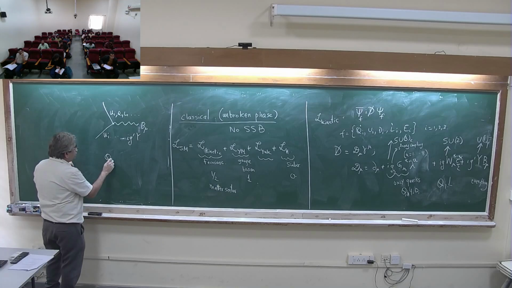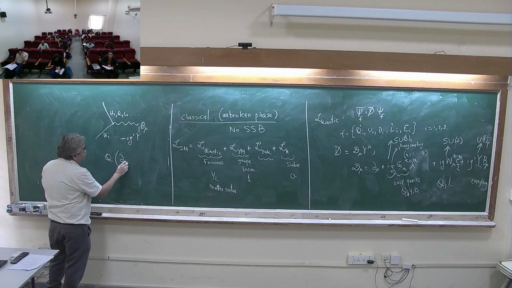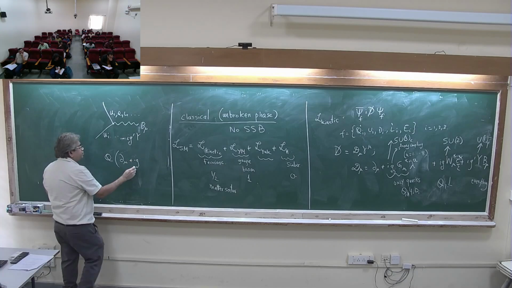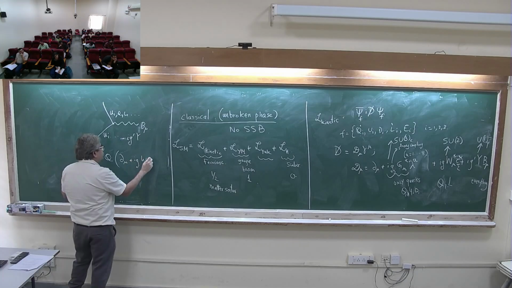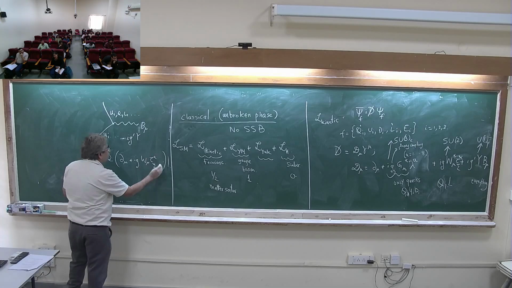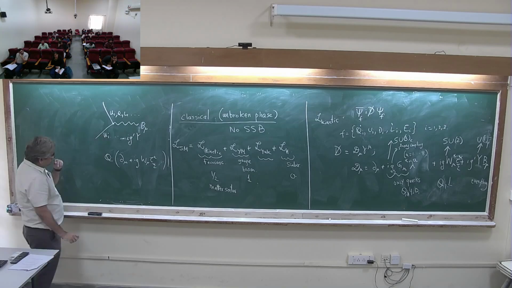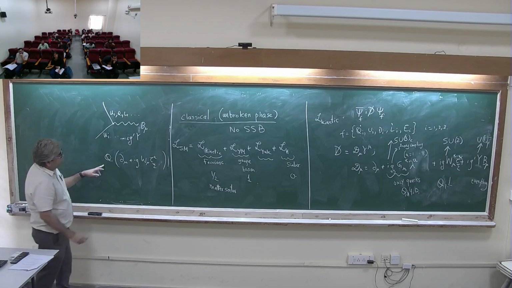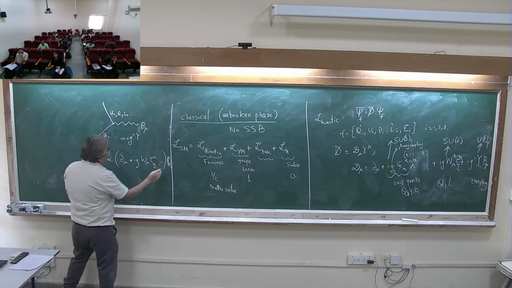So let's take the example of G again. Q. Now this is always diagonal.